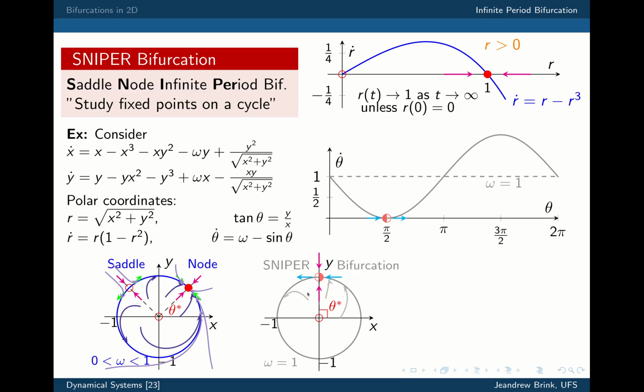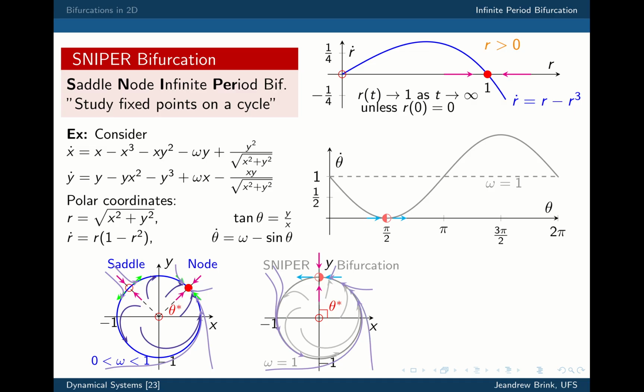In fact, it behaves very much like a saddle on the left-hand side. Okay, so we can get a feel for what the trajectories look like. Here, if you start with r bigger than that, it decreases, but theta increases until you reach pi over 2, and then continues to increase after a little nudge. Okay, so that's our SNIPER bifurcation point.